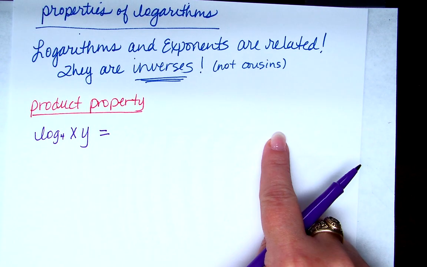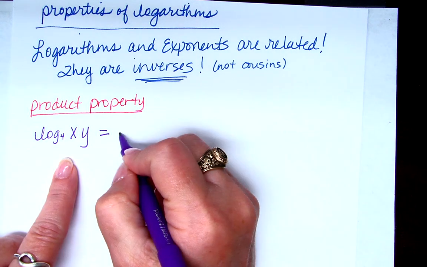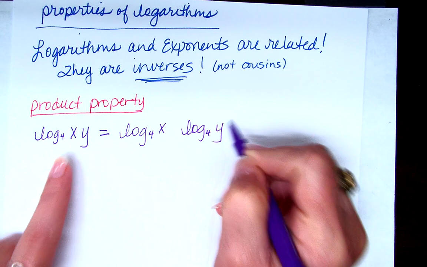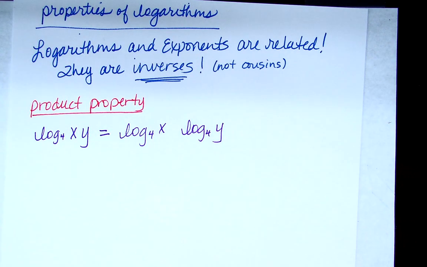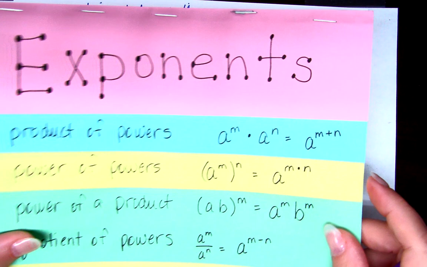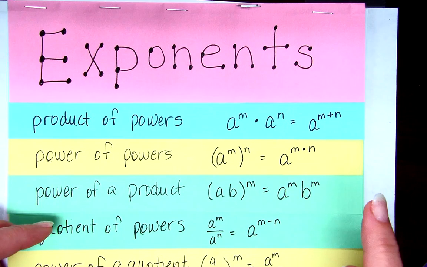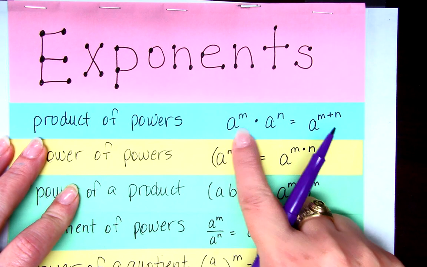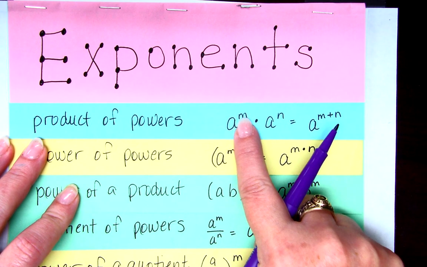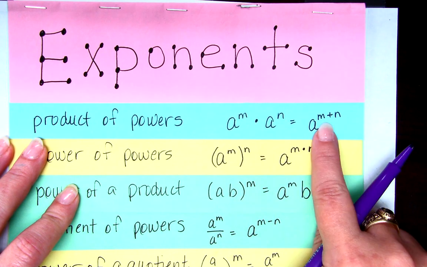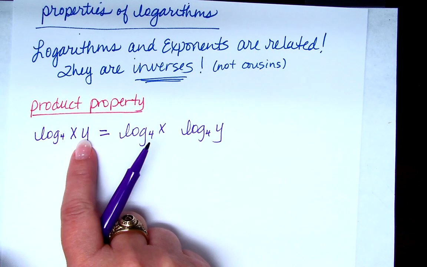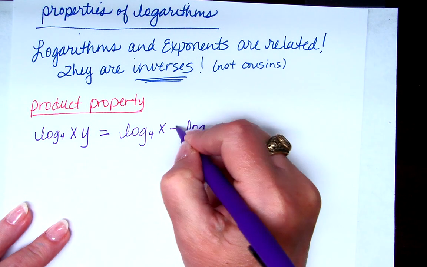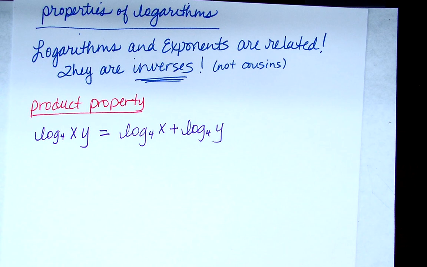So I've got to write log twice: log base 4 of x, and log base 4 of y. But there's a sign that goes in between those. Based on the product of powers property for exponents, if you multiply like bases, what should you do with their exponents? Add them. So if I'm multiplying two terms inside of a logarithm and I expand, I add them. Do you see how that feels familiar?